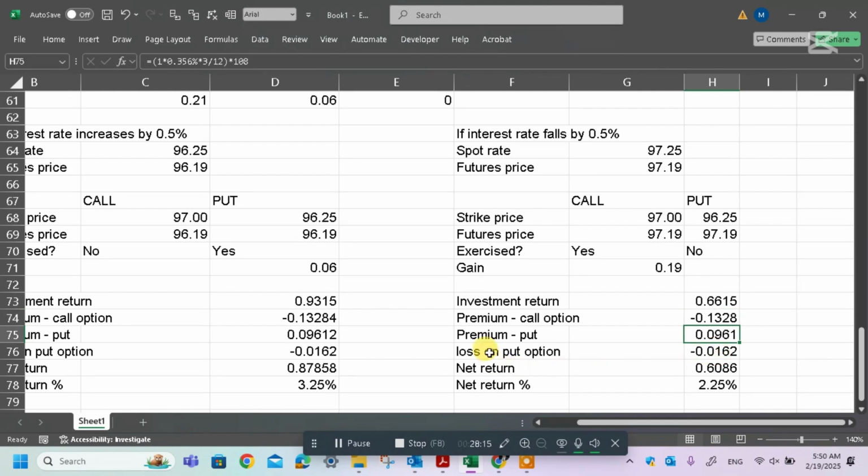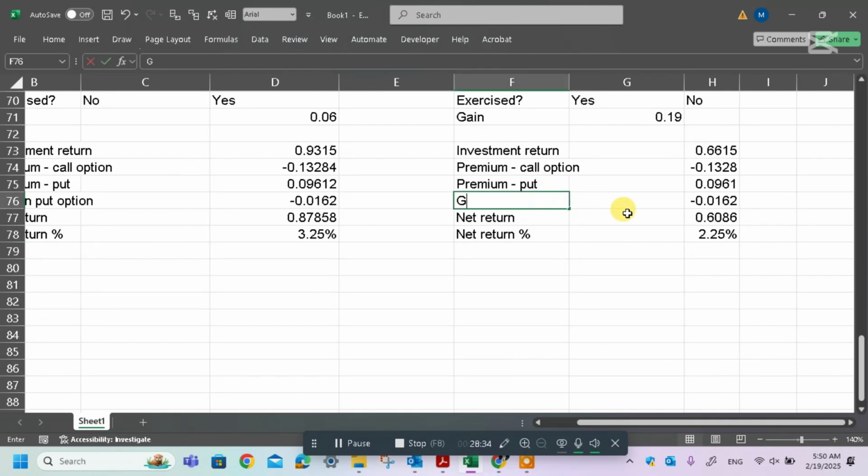Loss on put option. There is no loss on put option this time. It's going to be gain on call option. Gain on call option, how much? 0.19 percentage.